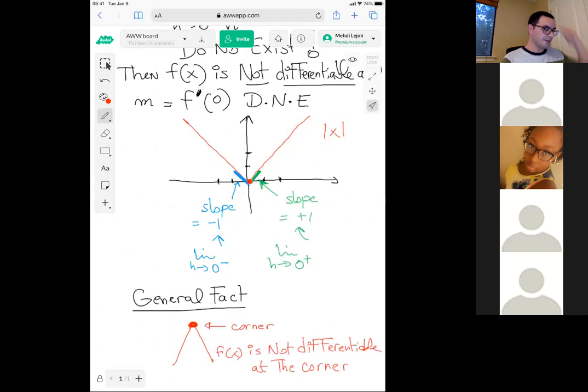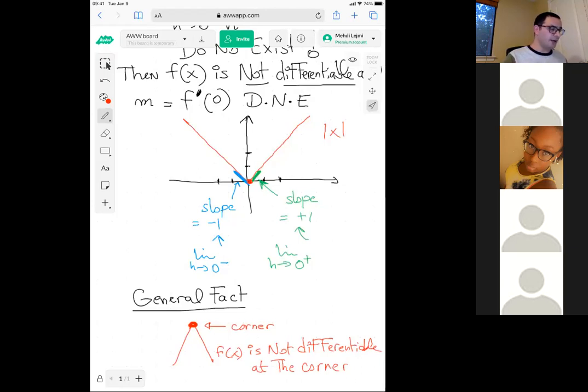So that's when a function fails to be differentiable. Remember, like we said for continuity, if you have a jump or a hole or a break in the graph of the function f, then the function is not continuous at the jump or at the break.